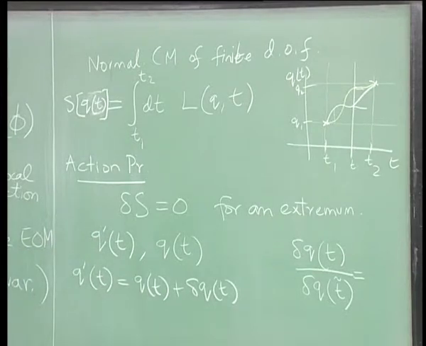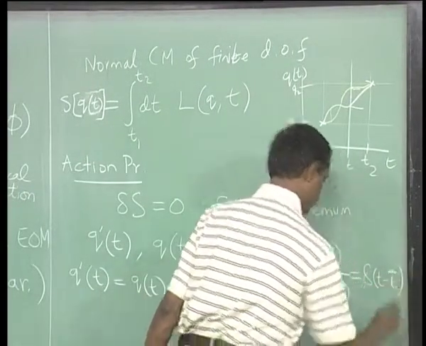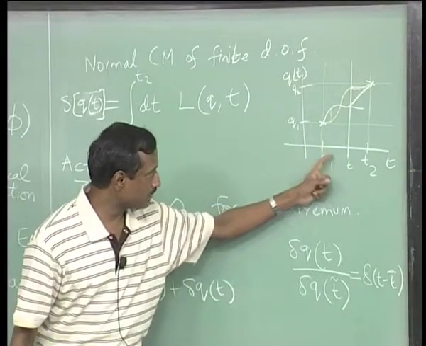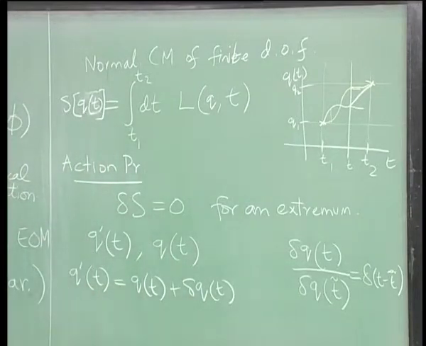We do not say it is 1. If you discretize time, it will become 1. So, this is just a statement that at two different times the delta q's can be completely independent of each other.